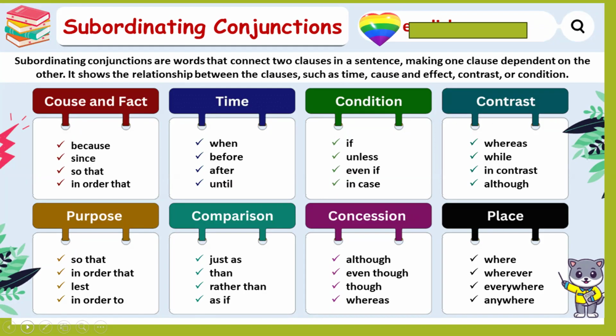For cause and effect we use because, since, so that, in order that. For time: when, before, after, until. Condition: if, unless, even if, in case. Contrast: whereas, while, although. Purpose: so that, in order that, lest, in order to. Comparison: just as, than, rather than, as if. Concession: although, even though, whereas. Place: where, wherever, everywhere, anywhere. We will learn these in the next video.